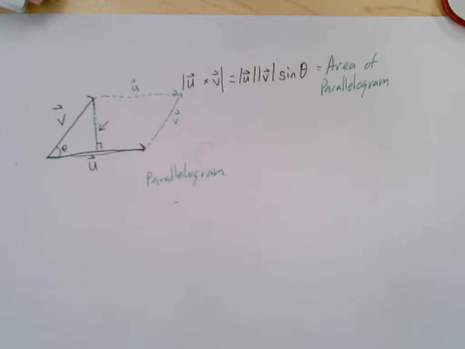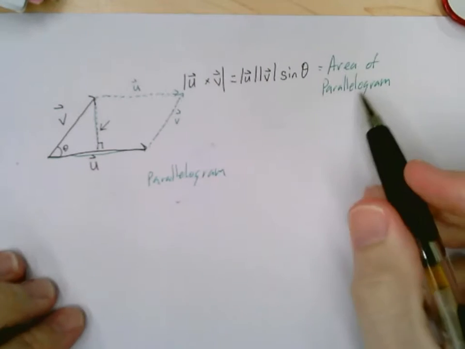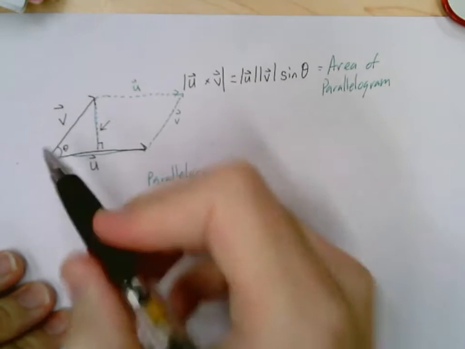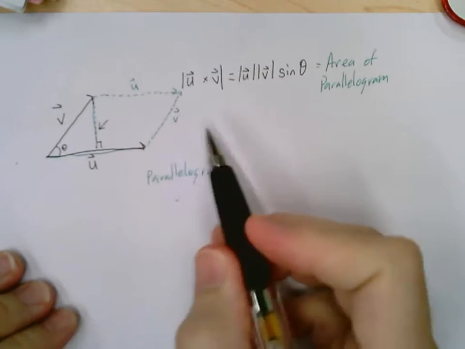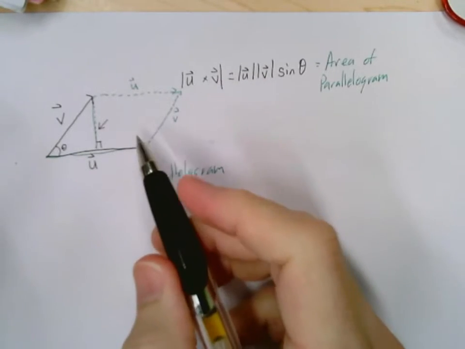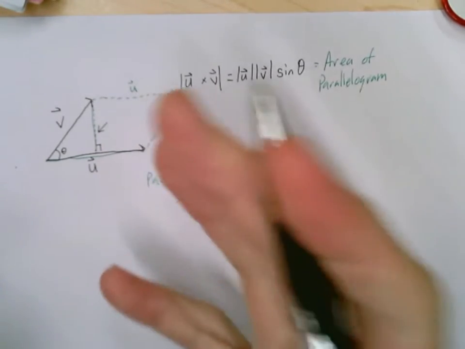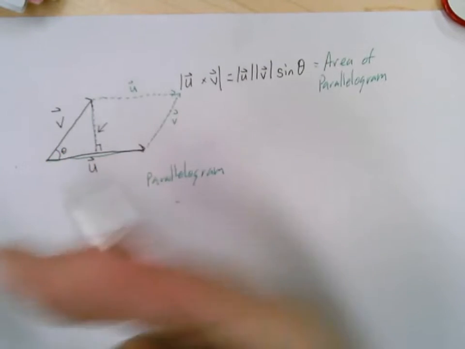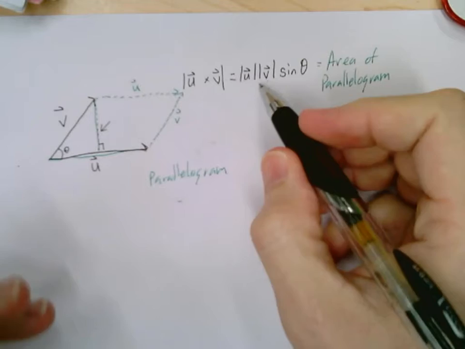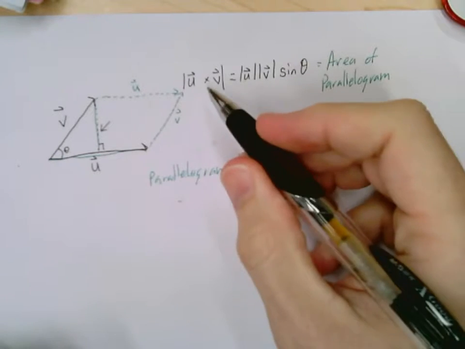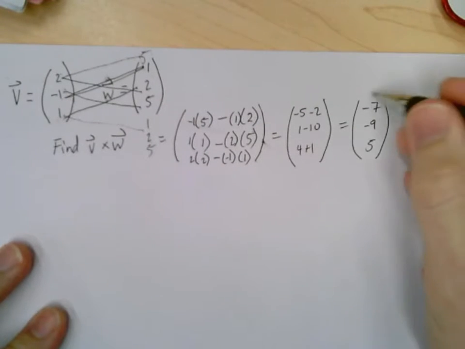So what that means is that I can find the area of any parallelogram by knowing the length of one side, the length of the other side, and the angle. And not just any parallelogram, it can be any parallelogram in three-dimensional space, because now I can take these three-dimensional vectors, I can find their magnitudes, I can do the cross product, right? In the previous question, we found a cross product which was this.